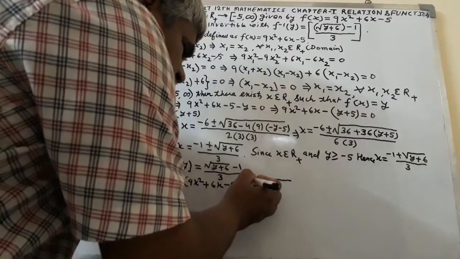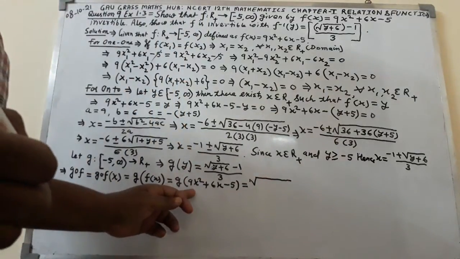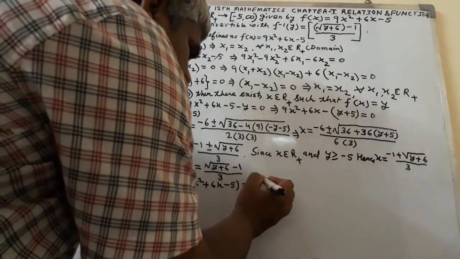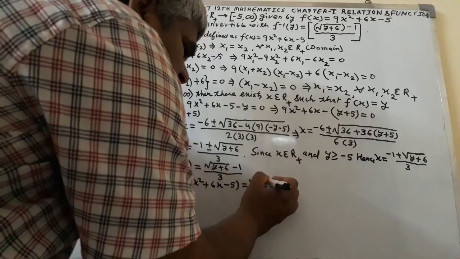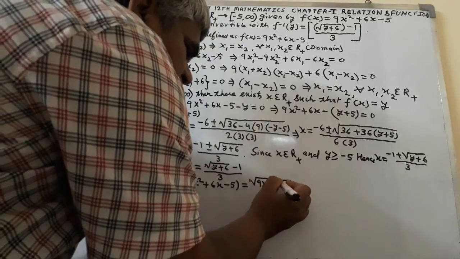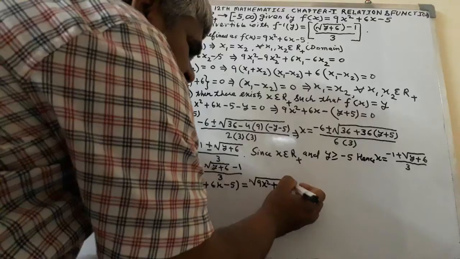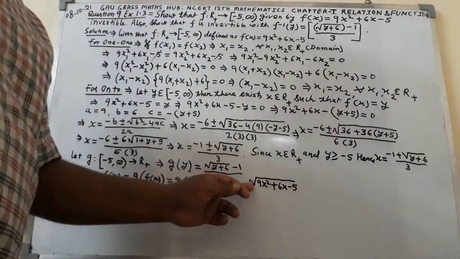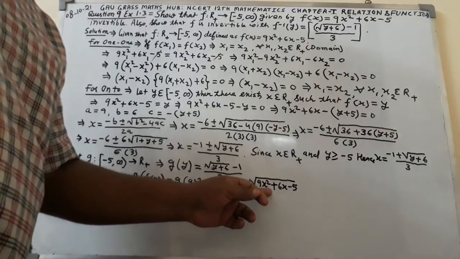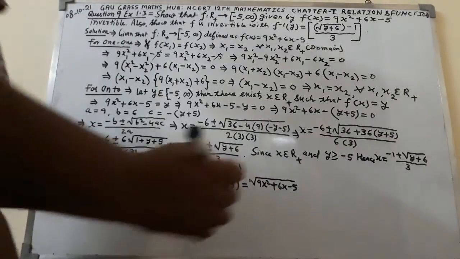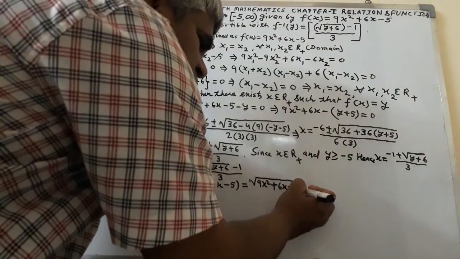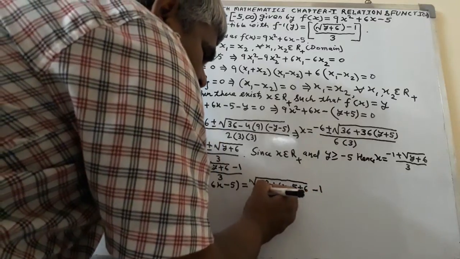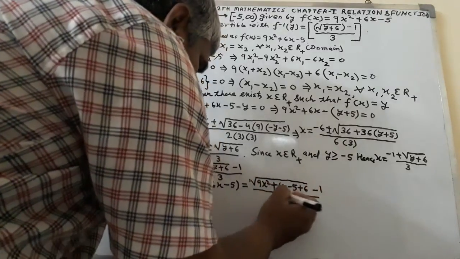Here you will get under root, in place of y, this value will be put. So we will get under root 9x square plus 6x minus 5 plus 6, minus 1, whole over 3.